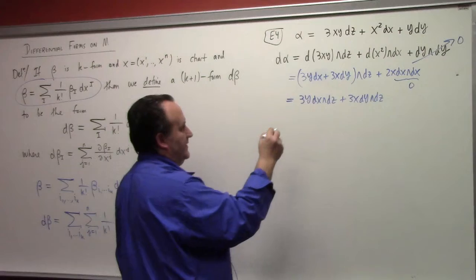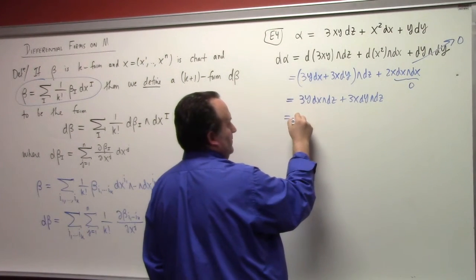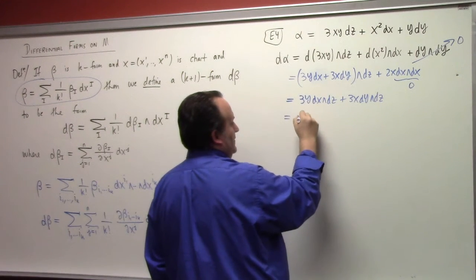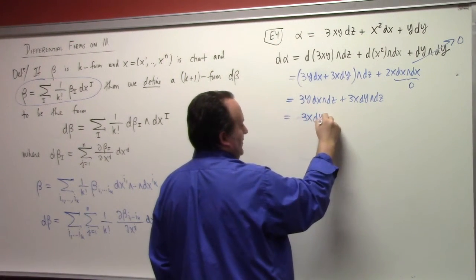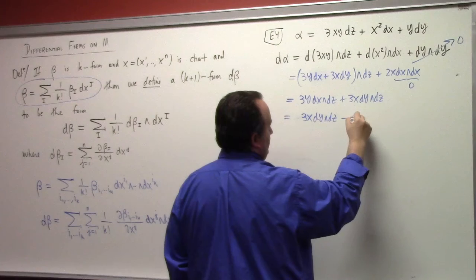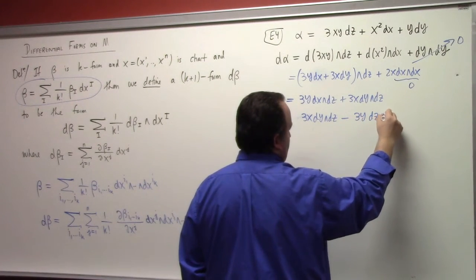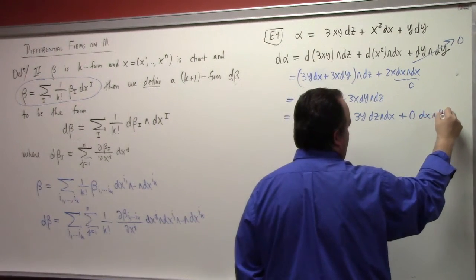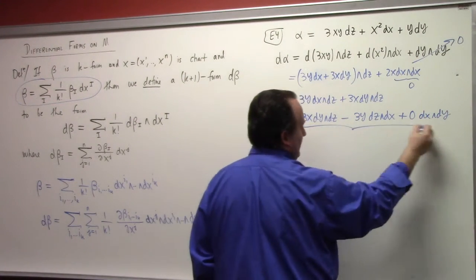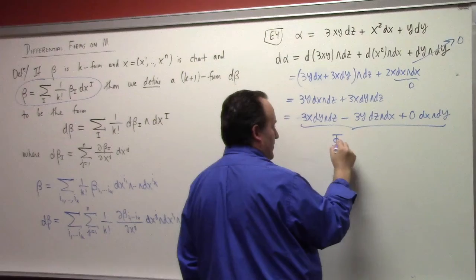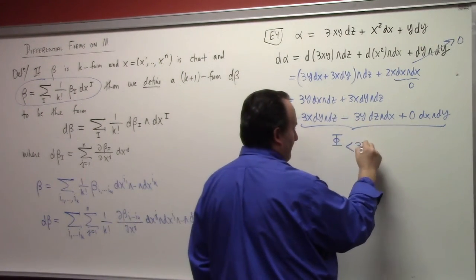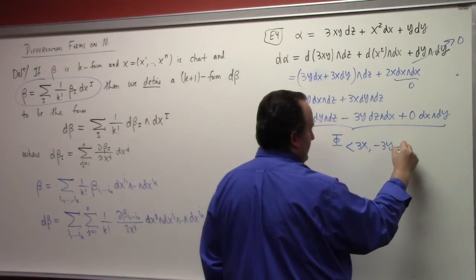Now, I could also write this as 3x dy wedge dz minus 3y dz wedge dx plus 0 dx wedge dy. And from this, I can see, aha, that is the flux form of the vector field 3x, minus 3y, 0.